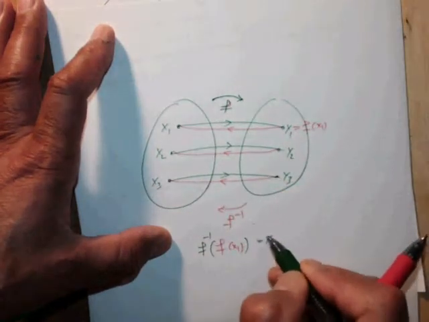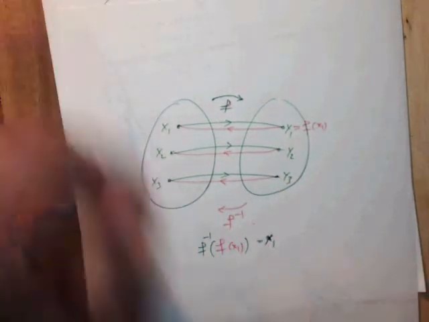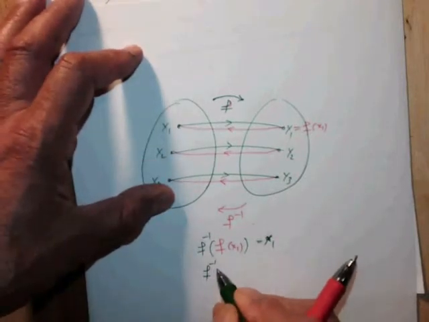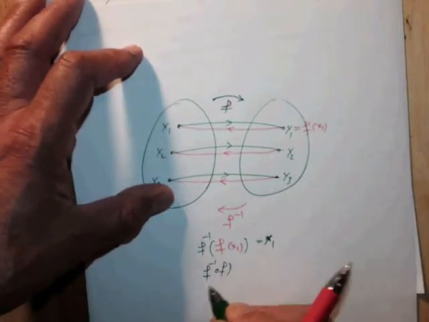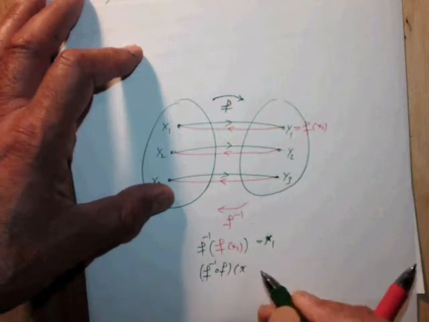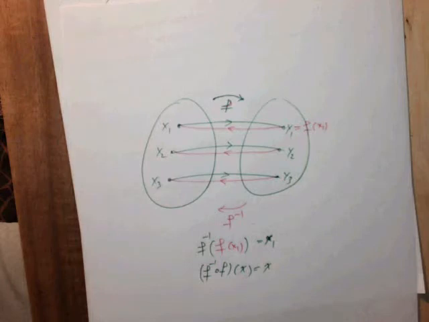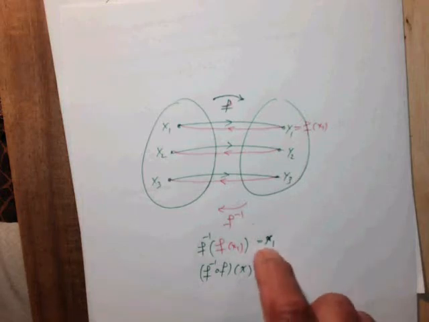So if I compose f inverse with f at x, I get x back. So if you have a function and it has an inverse and you compose the function and its inverse, it always gives you the identity. It goes back to x itself.